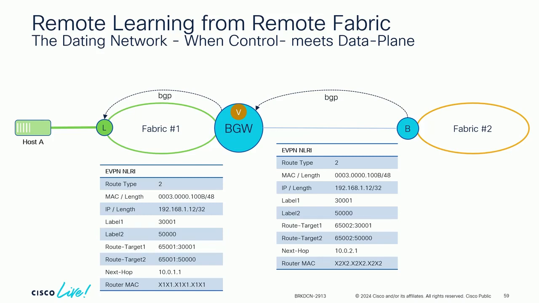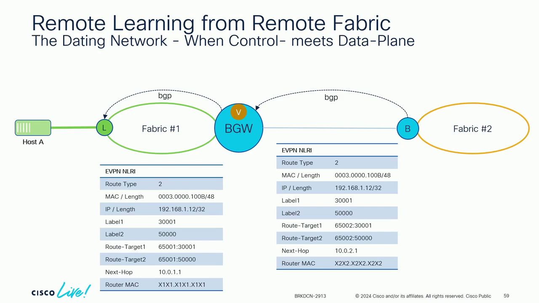What is different? There might be a couple more things that are different. So definitely we have router MAC and next hop, which changed. Look at this, the route target changed. How can that be? I use 65002 for import, and now you do 65001. What we are doing is we're re-advertising the route, so you do a reorigination.